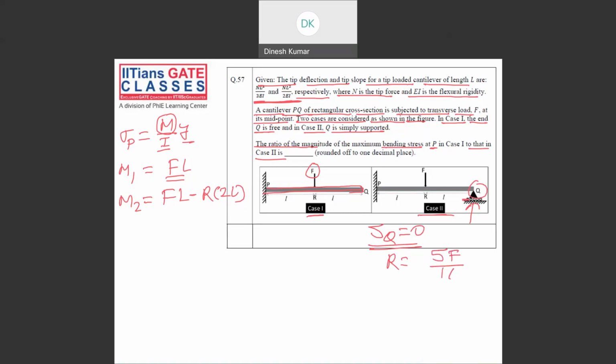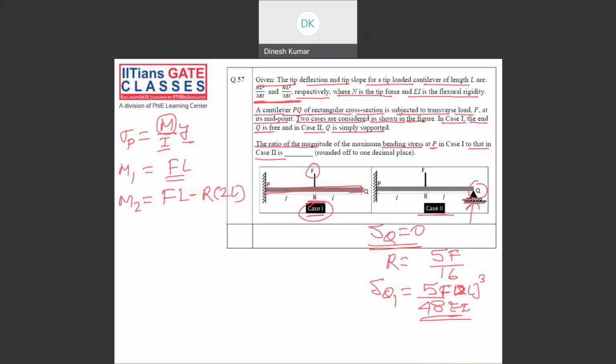So we know, those who have learned in ITC, this reaction R will be coming as 5F by 16. Someone will ask me how I got it. If you take case 1, your delta at the free end will be 5 by 48 F into 2L whole cube upon EI. So this is the standard formula when you have load at mid of the beam and you want the deflection at the free end of the cantilever.